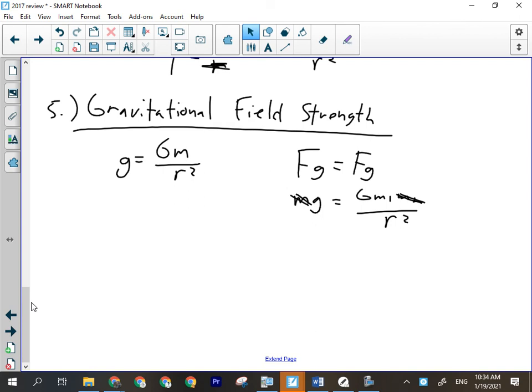Nine, standing waves, air column question. Ten is a uniform circular motion question. The 11 is a wave behavior and interference question.